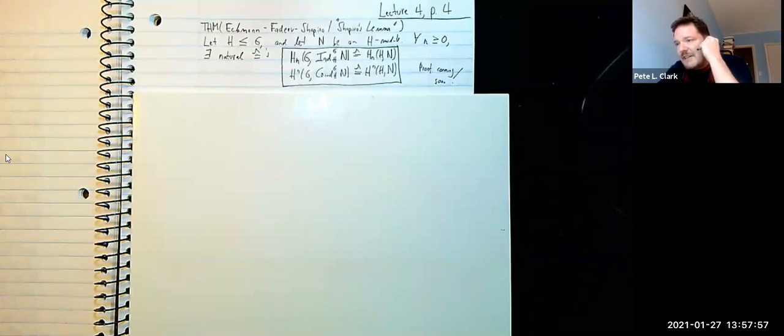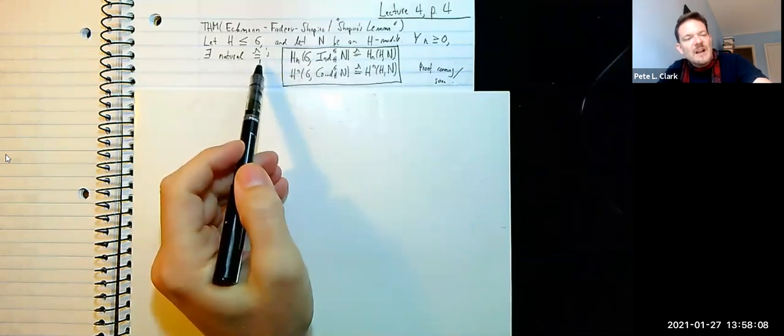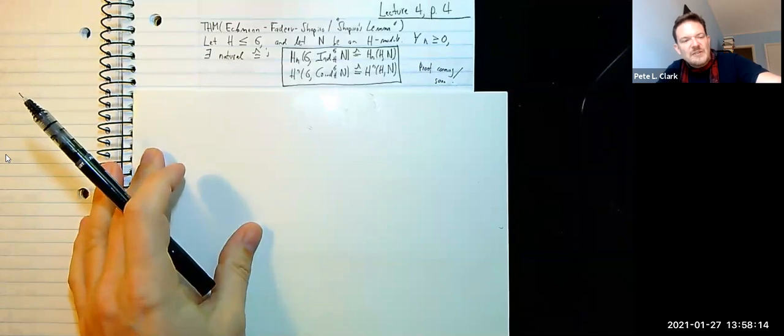So, quite generally, I have any subgroup H of any group G, and then N is an H-module. Then for all non-negative integers n, for most of the rest of this lecture, I'm going to write equality if I mean a natural isomorphism. So these really are natural isomorphisms, isomorphisms of functors.